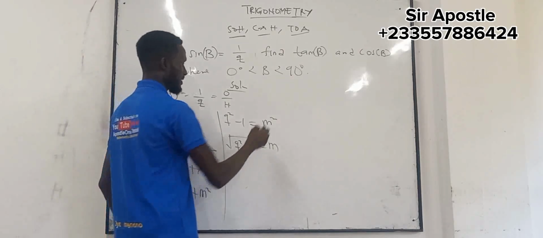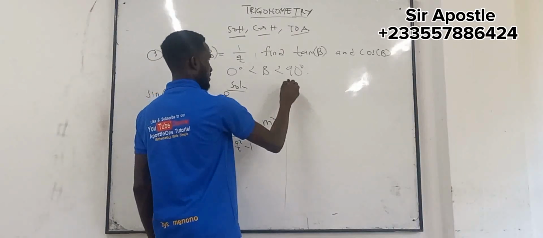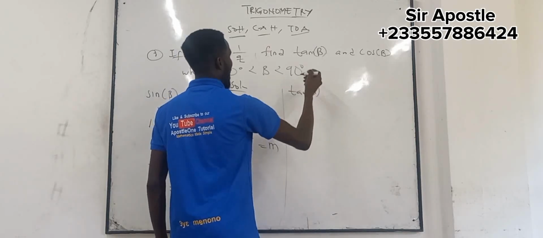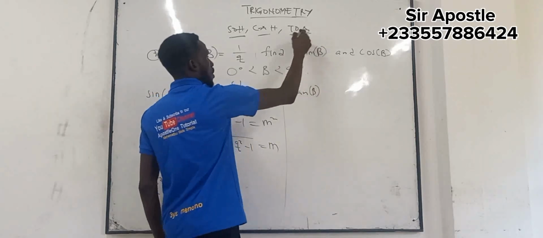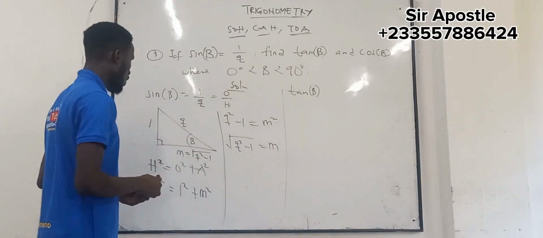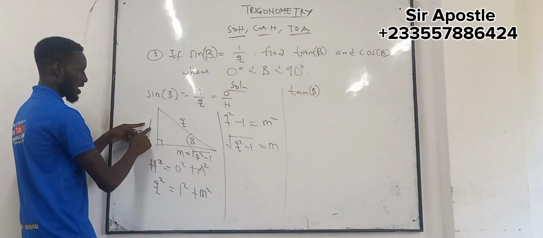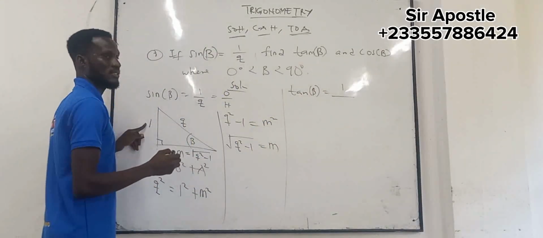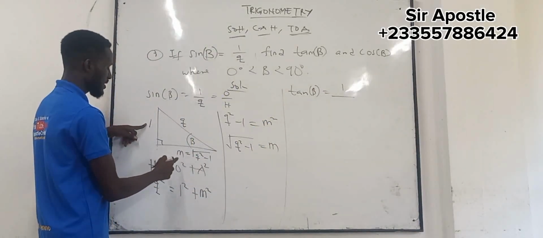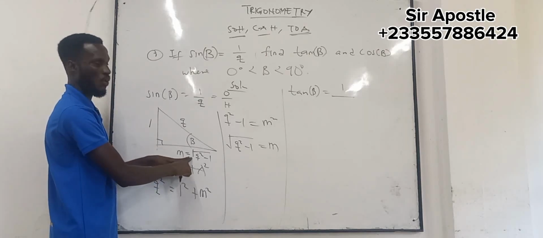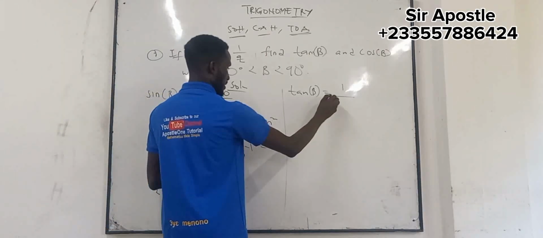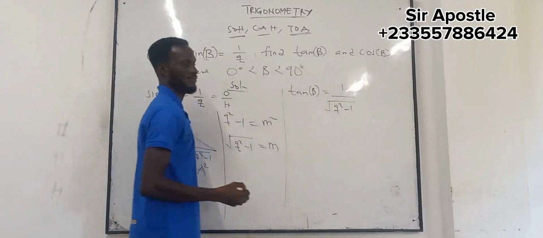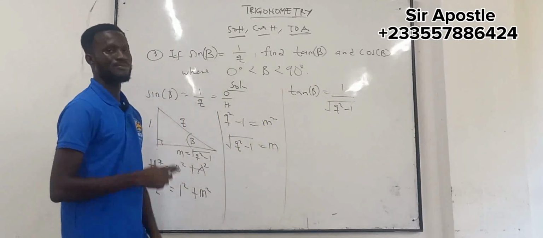Now let's solve for tan B. As usual, tan is opposite over adjacent. The opposite is 1, and the adjacent is M, which is the root of Q squared minus 1. That's the answer.